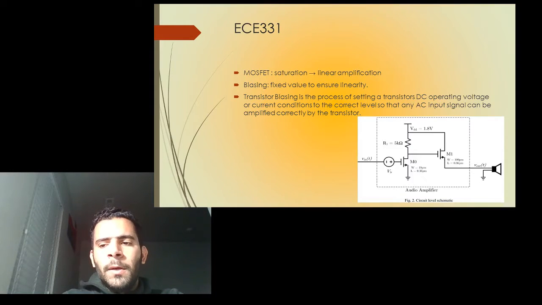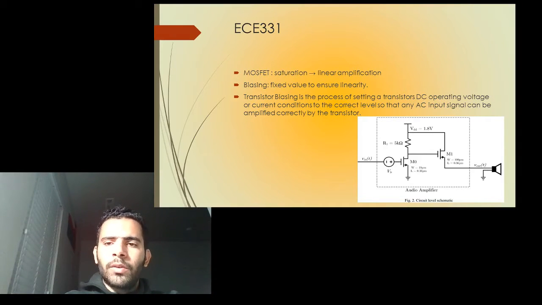We also have transistor biasing for both of the transistors, and that's to ensure the linearity of the system. So basically, transistor biasing is the process of setting a transistor's DC operating voltage or current conditions to the correct level so that any AC input signal can be amplified correctly by the transistor.